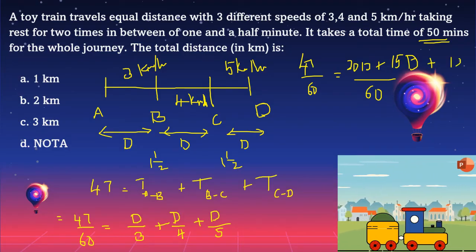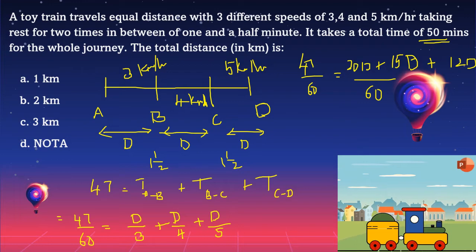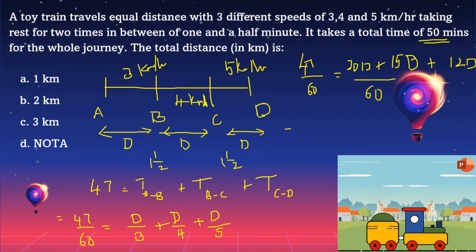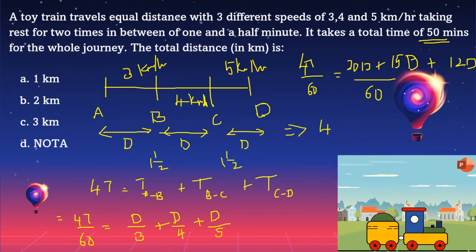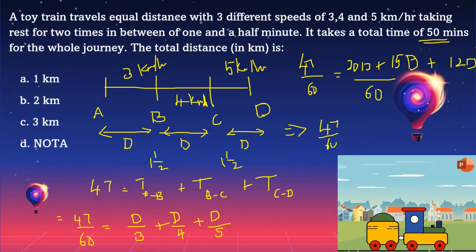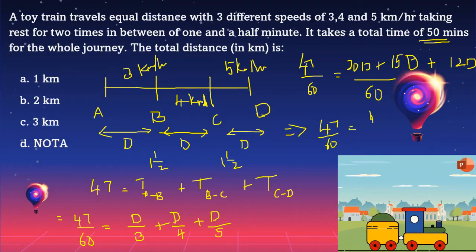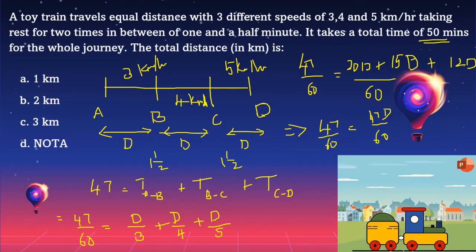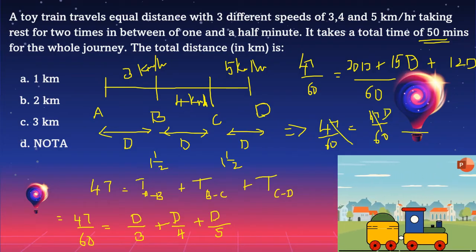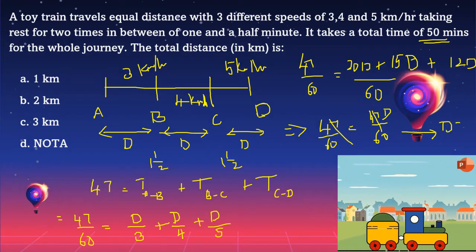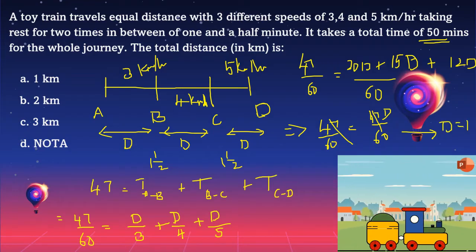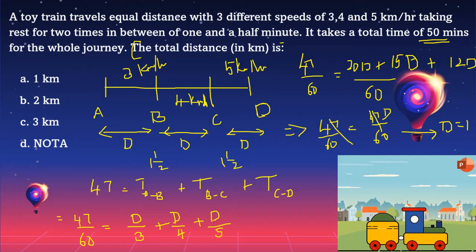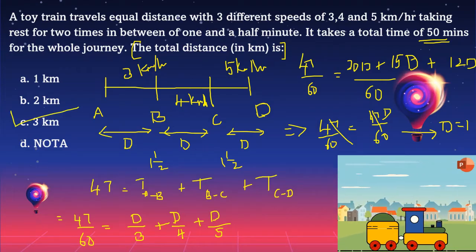So when we add 15, 20 and 12, we again get 47. So 47 by 60 will be equal to 47d divided by 60. So we can cancel everything out and finally we say the value of d is 1. Here we are supposed to find the total distance, that is d plus d plus d, which is 1 plus 1 plus 1, and the result is 3 kilometers.